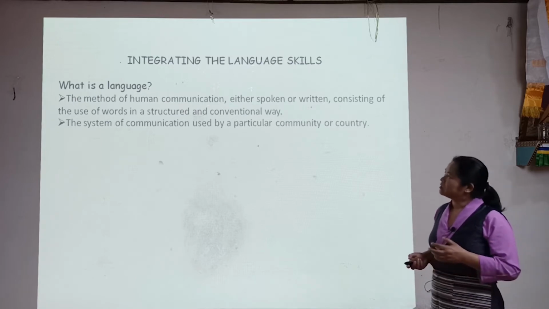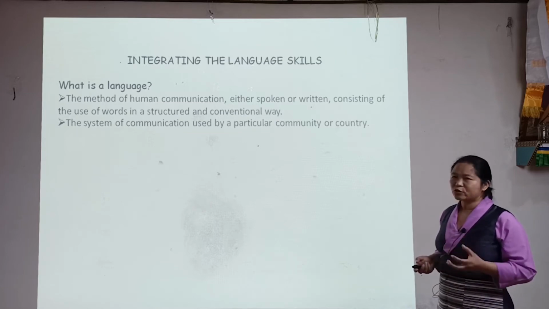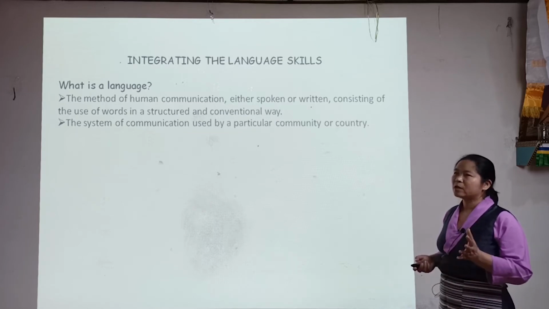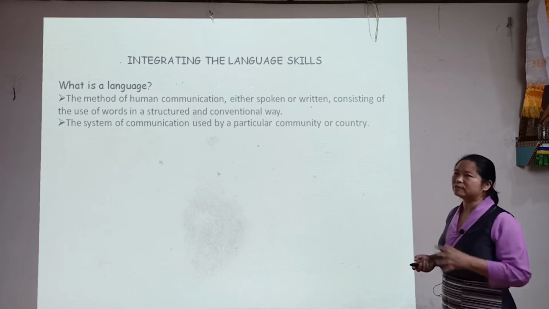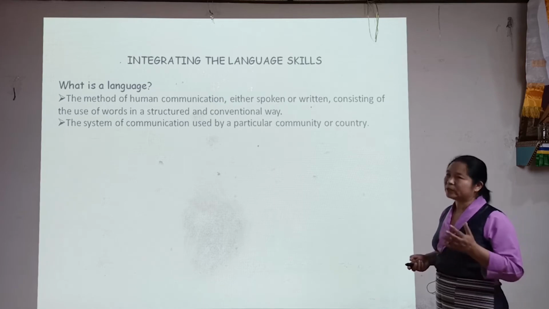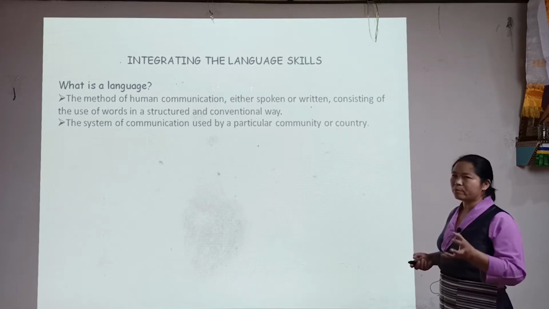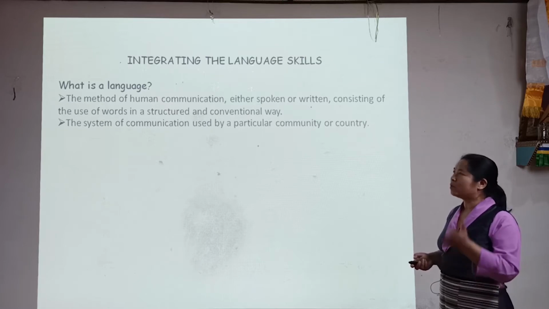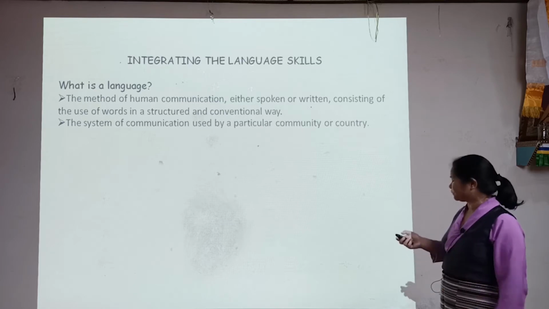What does communication mean? What happens in a communication? Communication means transferring knowledge from one medium to the other. So there is a transfer. The same happens with learning. Learning only takes place if there is a transfer of information, of knowledge from one medium to the other or from one person to the other.